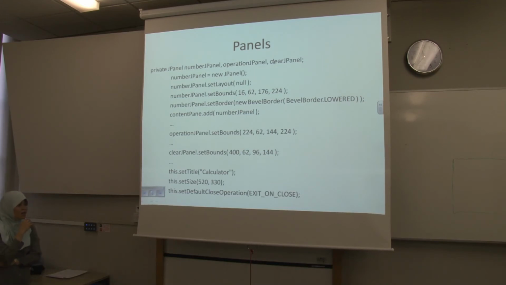So you can ask the user if they really want to exit by using a JOptionPane pop up. What package do you import to use this set default close operation? Swing. That's still swing. Swing, yeah, because if you want JOptionPane and all that.